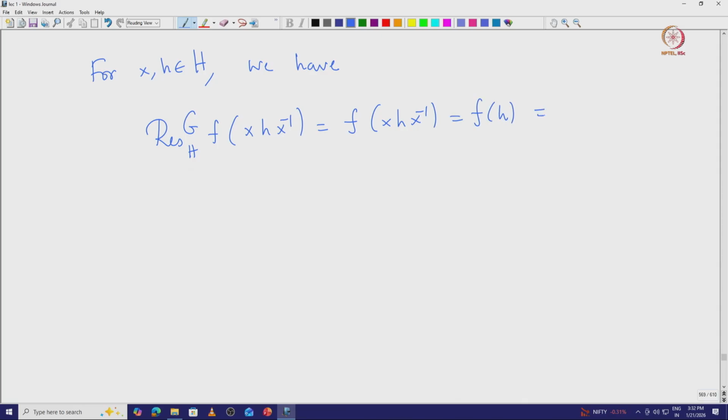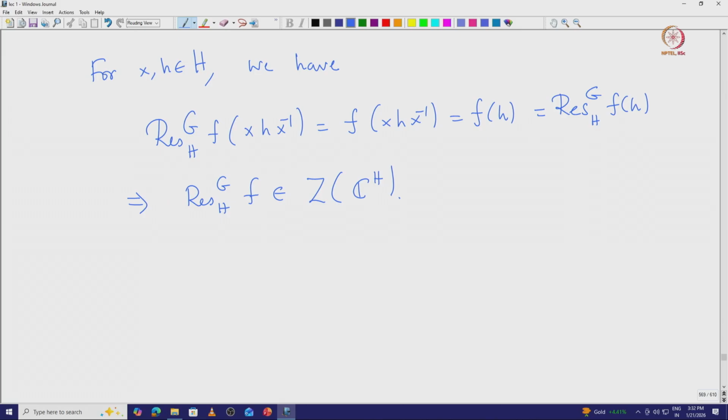That implies that this is exactly equal to the restriction Res^G_H f of h. So, that means this restriction indeed belongs to Z(C H). Okay. So, this is just a simple proof.